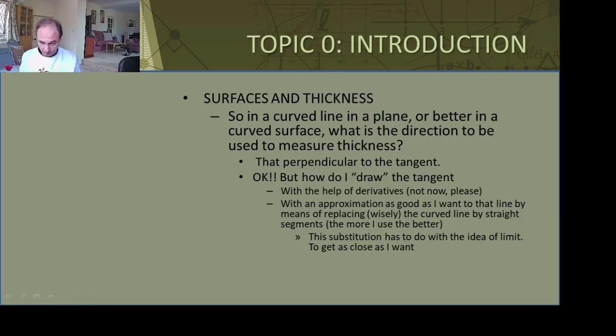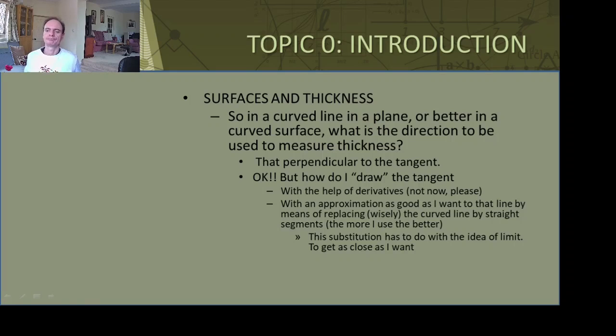So, in any case, the tangent to shapes in general is a plane, okay? But how can we find that plane?